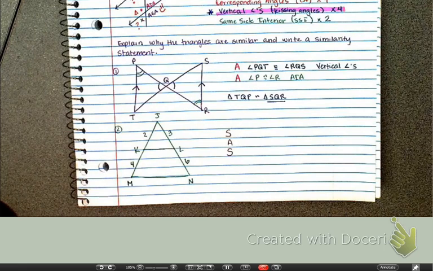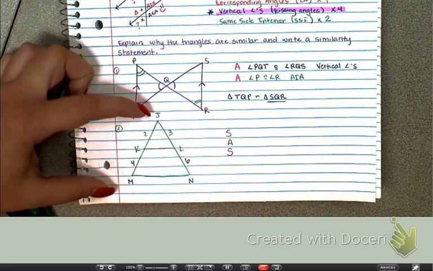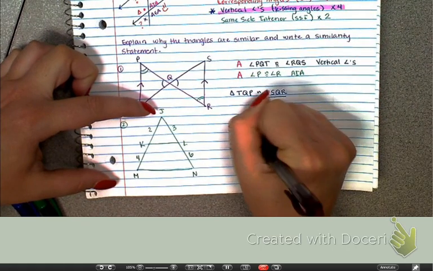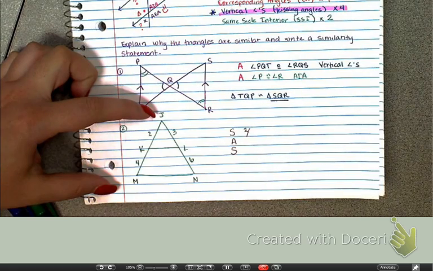So, in order to use side, angle, side, we have to show that those sides are proportional. Now here you have to go small triangle to big triangle. So let's start on this side. What is the length of the small triangle? 2. What is the length of the big triangle? 6.